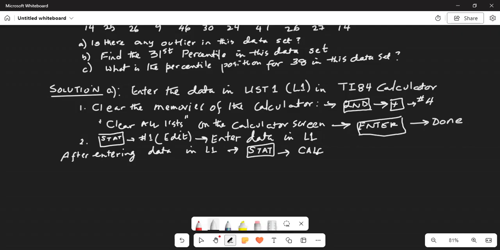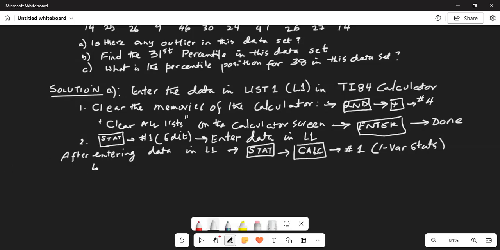Highlight calc means move the cursor by the right cursor key. That is, press the right cursor key to move the cursor on top of calc and then select number 1. So stat button, highlight calc on the top row, then select number 1, which is 1-Var Stats. This will only appear once you have highlighted calc on the top row.